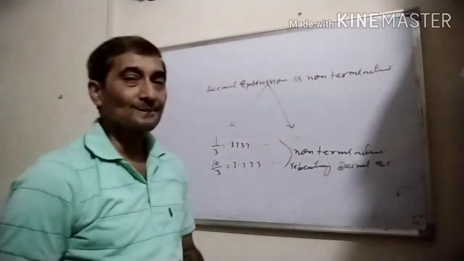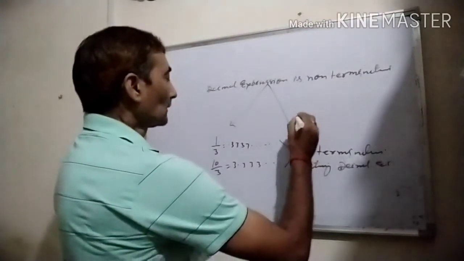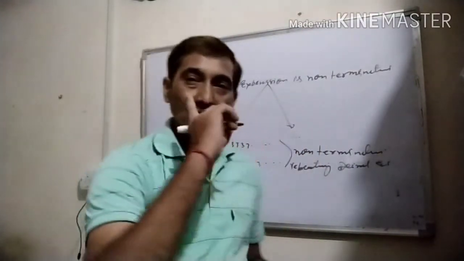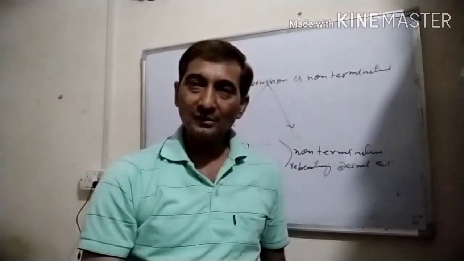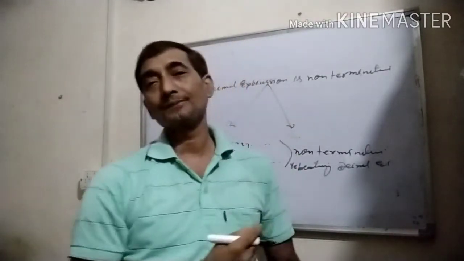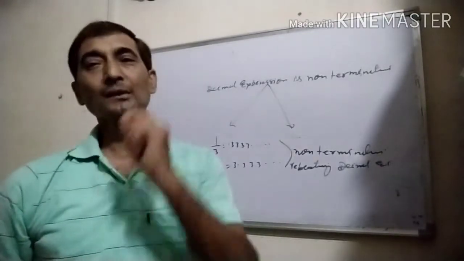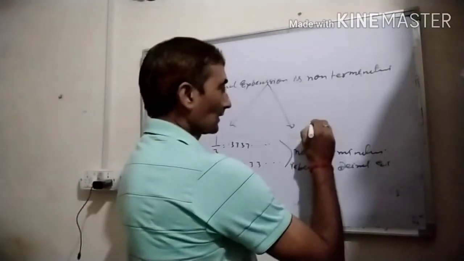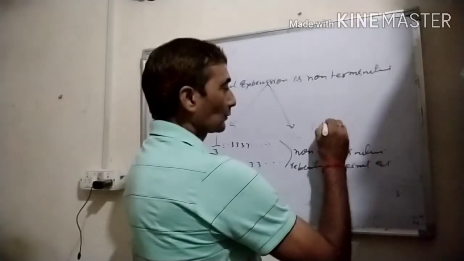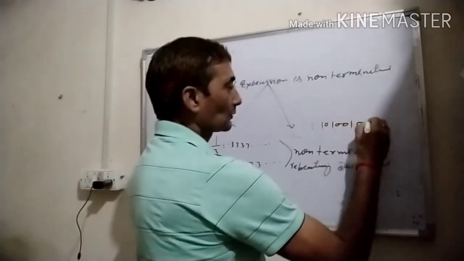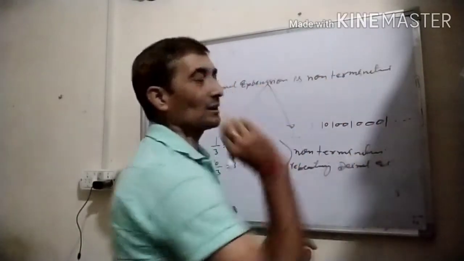Second possibility, non-terminating, non-repeating number, just like 1.1010010001 dot dot dot.